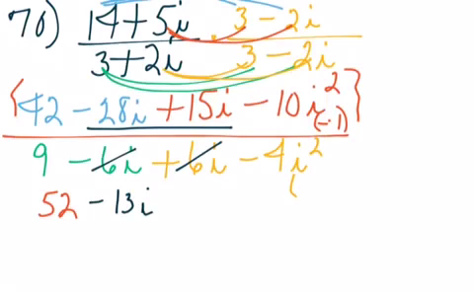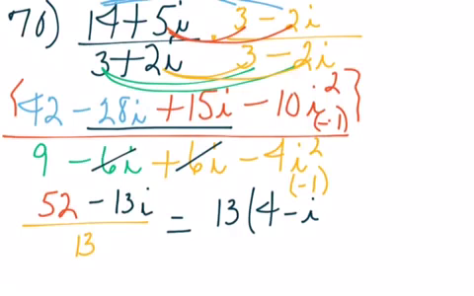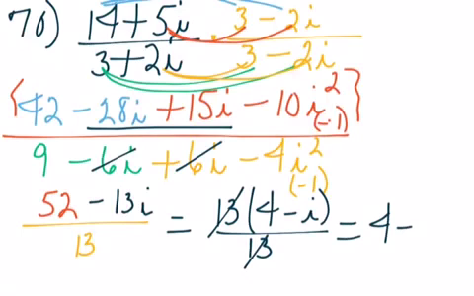I squared is negative 1, so negative 4 times negative 1 is positive 4, plus 9 is 13. You may not recognize it right off, but the numerator has a common factor of 13. So we could do the reverse distributive property or factor it, so that's 13 times 4 minus I divided by 13. Well, the 13s cancel, so your final answer is 4 minus I.